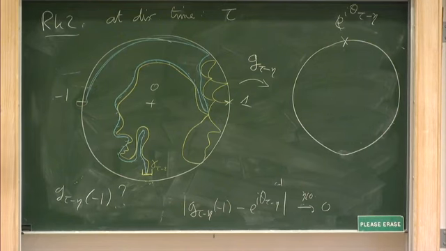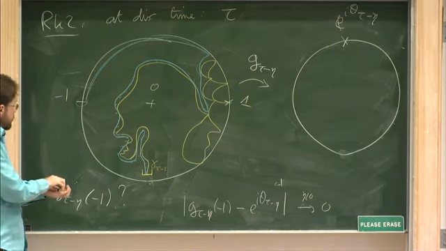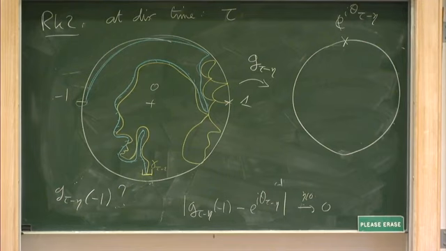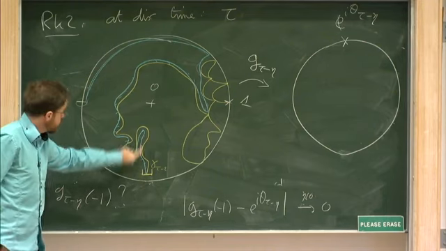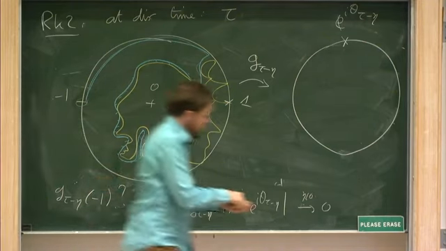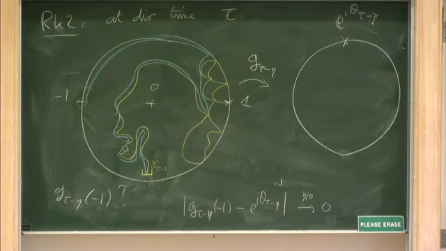We want to show that this arc is mapped to something very small by g. To do that, we look at the harmonic measure from 0 of the blue part of the boundary in the domain Omega t.